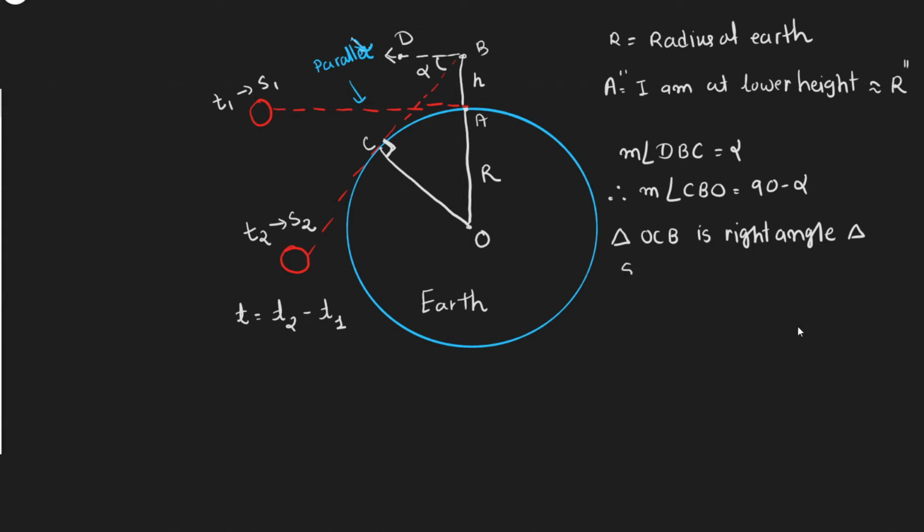OCB is a right angle triangle. That's why the value of COB will become 90 minus the value of CBO, so it will become 90 minus (90 minus alpha).